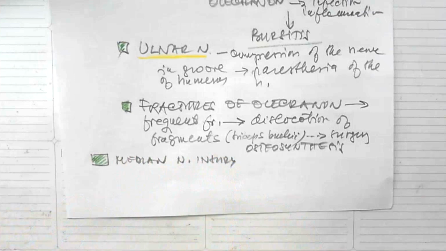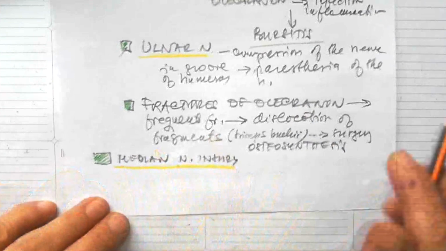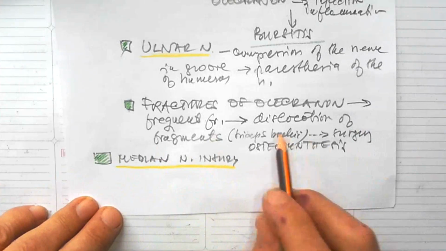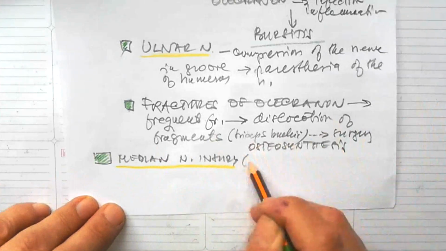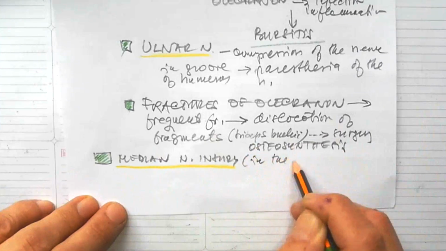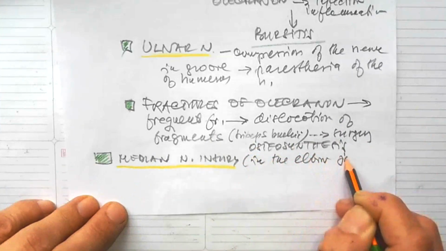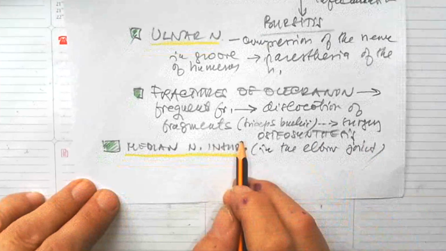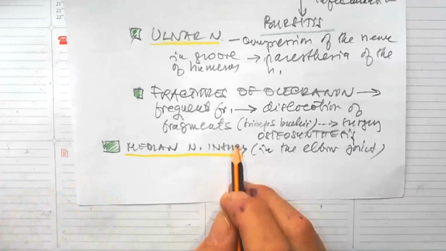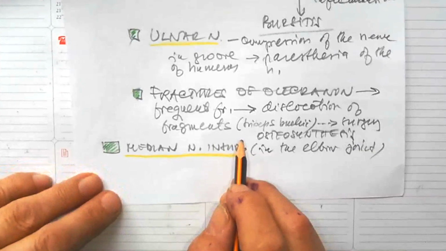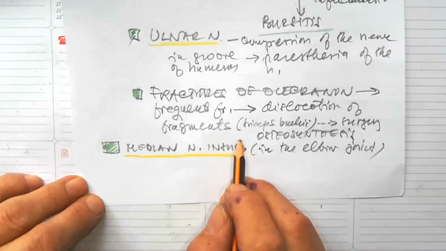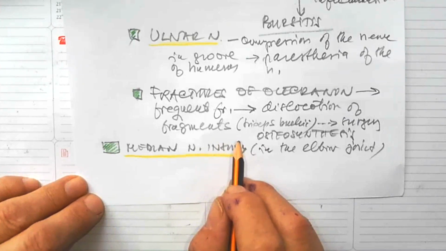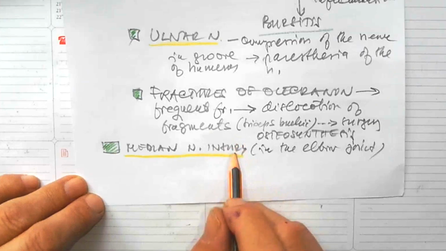Median nerve injury is the situation when the median nerve in the elbow joint, in the area of the fractures, could be affected like the other nerves, leading to paralysis of the ulnar and median nerve.